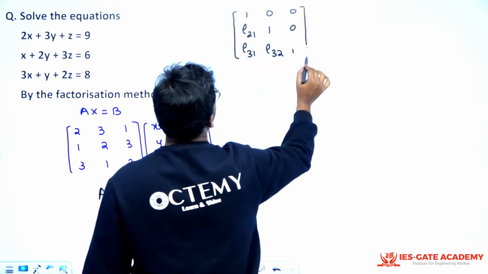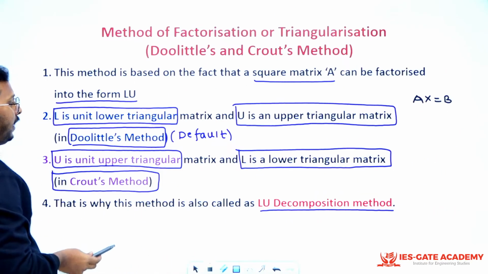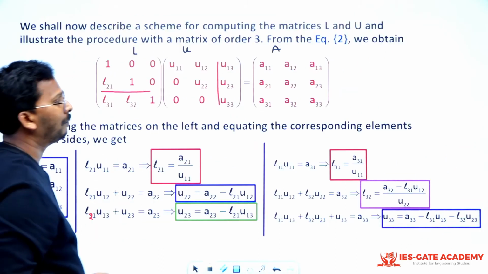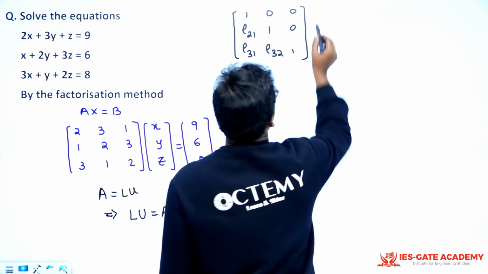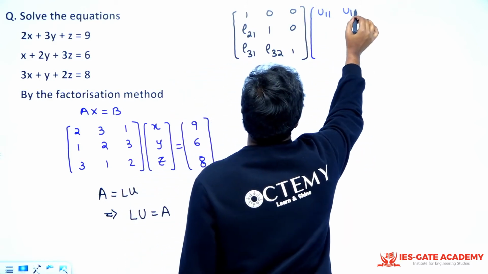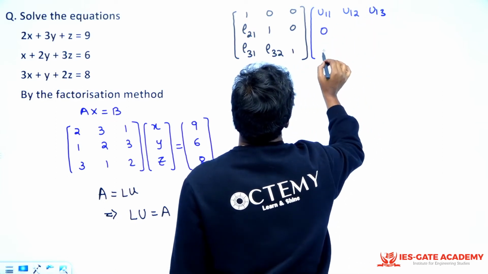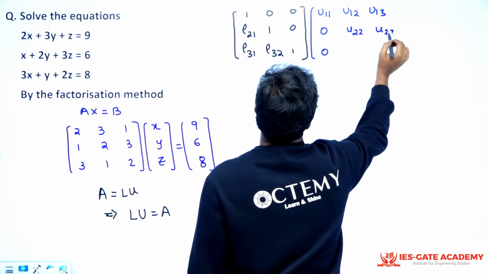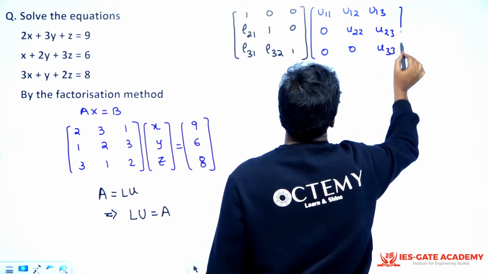This is your unit lower triangular matrix, because by default we will take Doolittle's. If it is Doolittle's, then a unit lower triangular matrix. Then the upper triangular matrix will be like this: U11 U12 U13, 0 U22 U23, 0 0 U33.